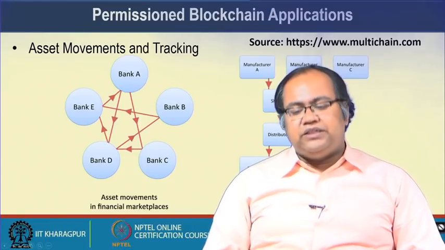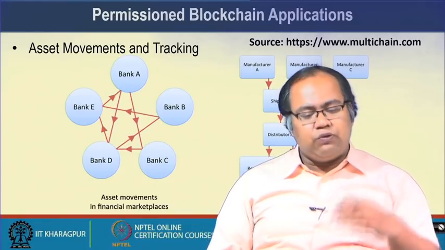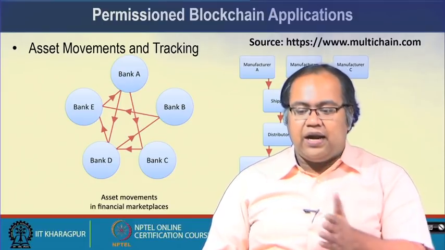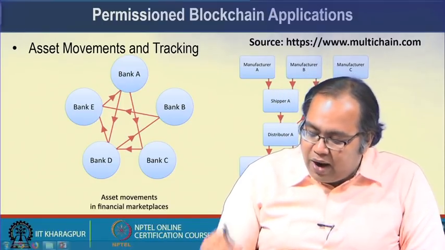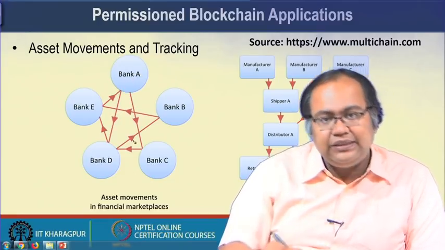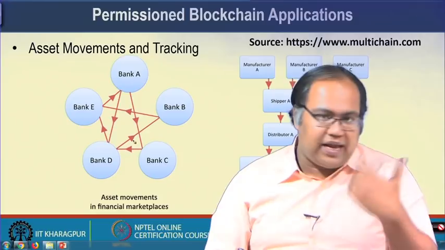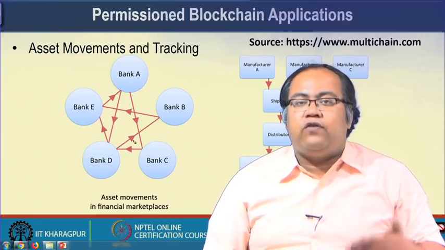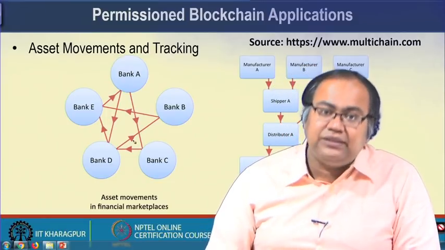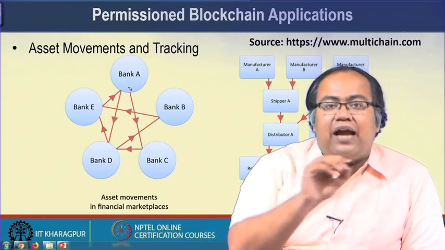Now, this kind of permissioned blockchain has multiple applications. One application can be in the direction of asset movement tracking. Here are two examples. In one example, the assets are moving among multiple banking branches. Say they are secured assets, like money moving among multiple banks or even branches of multiple banks, and you want to track the movement.